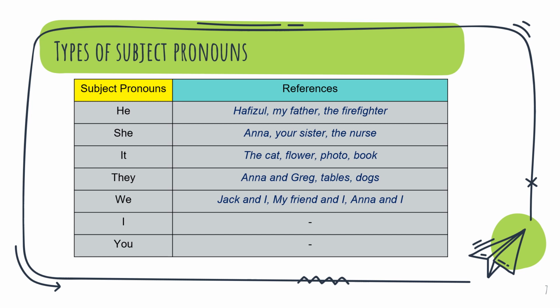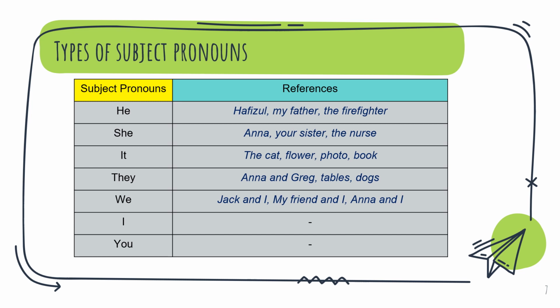The same goes for she: for female, Anna, your sister, the nurse. Then it: you can use the cat, flower, photo, book. You can use the references, the cat, so it's back to it.